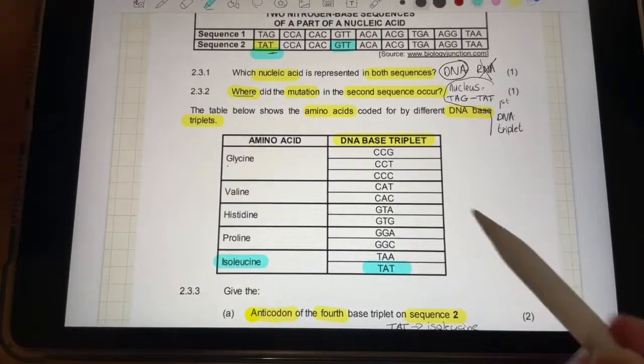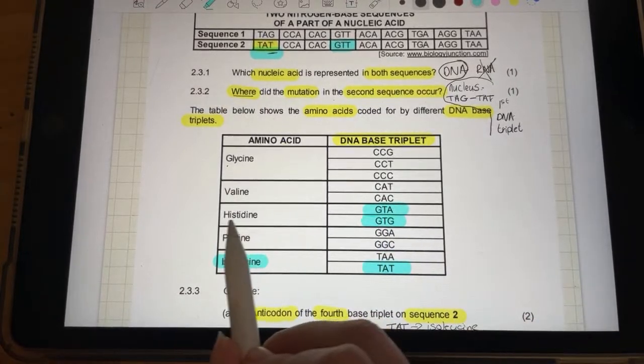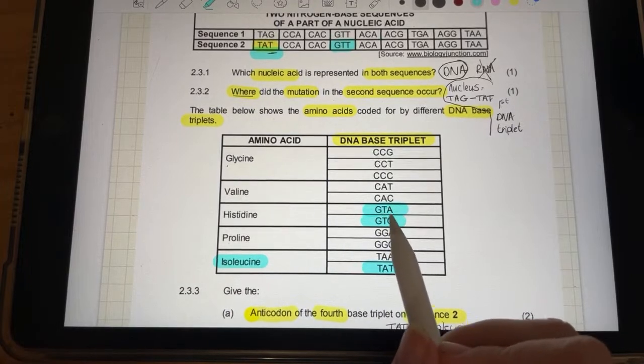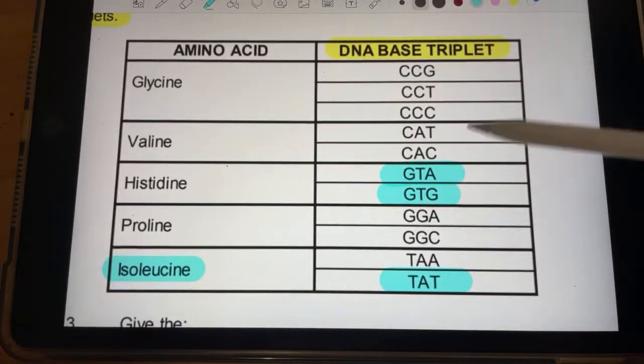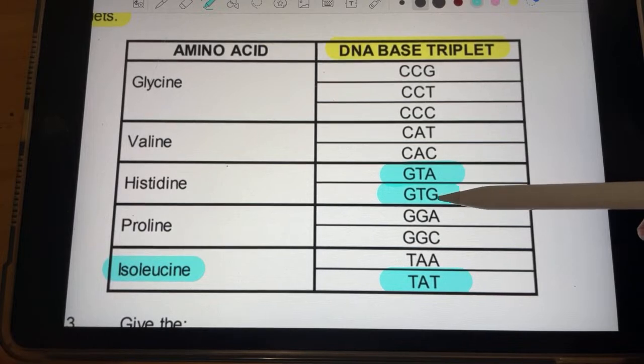So what I'm getting at is, do you see that there are like 2 codes for each amino acid here, but their lettering is different? If they say in the exam, let's say, zoom in here, let's say the code was GTA, but now it has mutated to GTG. What is the effect?